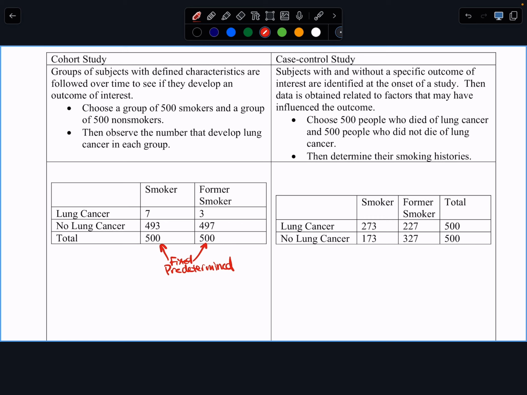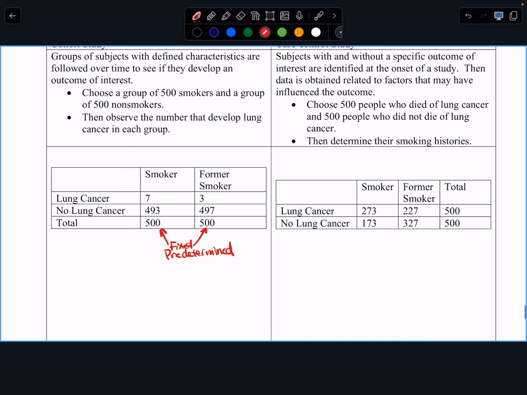Then I can go through my chi-square test or my odds ratio test. I can calculate P1 hat and P2 hat in the normal way that we would calculate them. P1 hat will be 7 over 500. P2 hat would be 3 over 500. There's no issues here. I can use the chi-square test of independence. I can use a relative risk, and I can use my odds ratio.